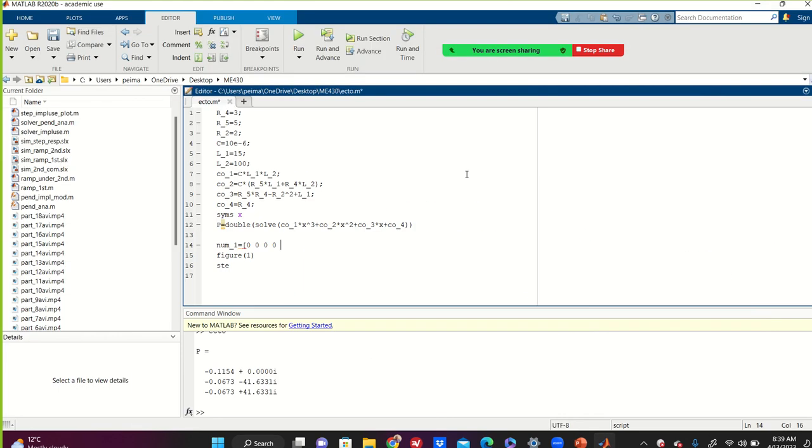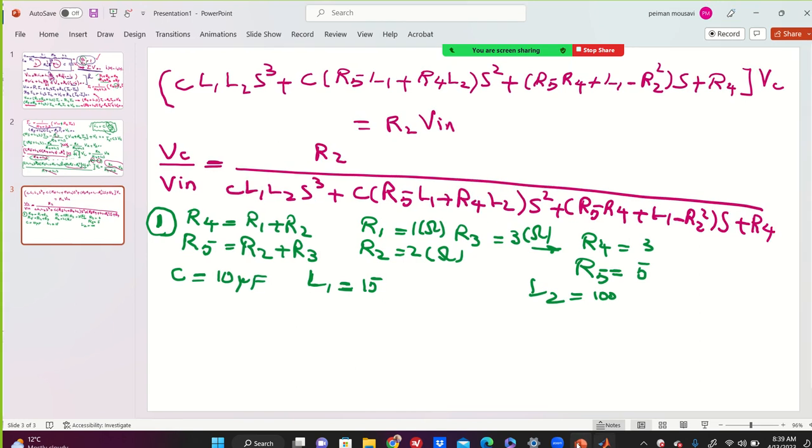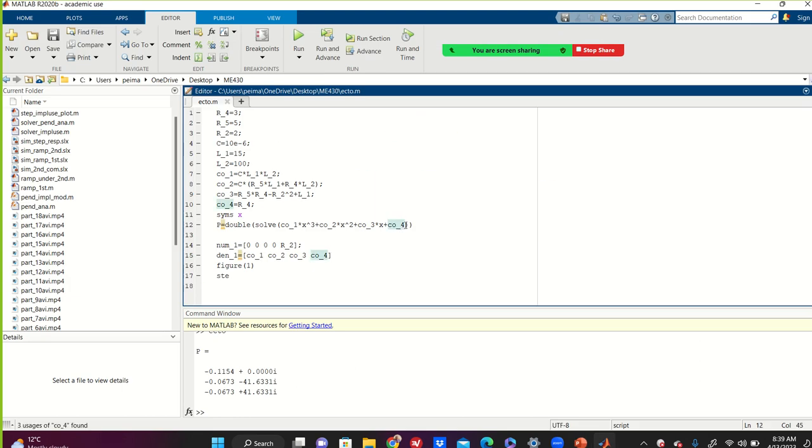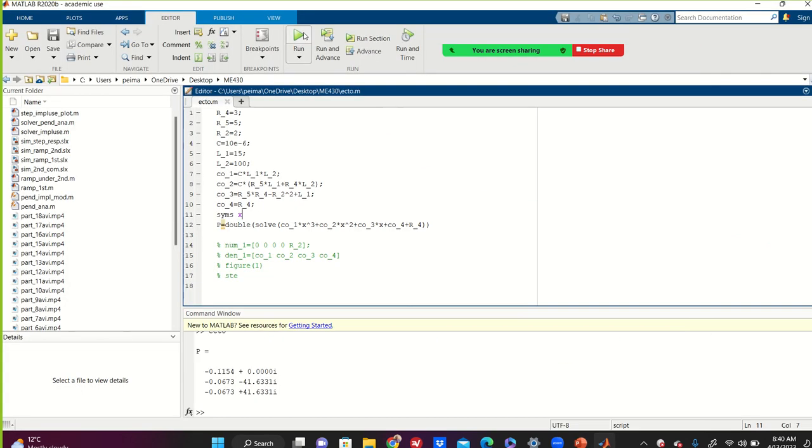A third order system, it's R2, and then one is coefficient 1, coefficient 2, coefficient 3, coefficient 4, S2, S. Oh, coefficient 4, I forgot here, guys, plus R4, hold on, because the coefficient is S plus R4, so I forgot R4 from here, and you didn't tell me.